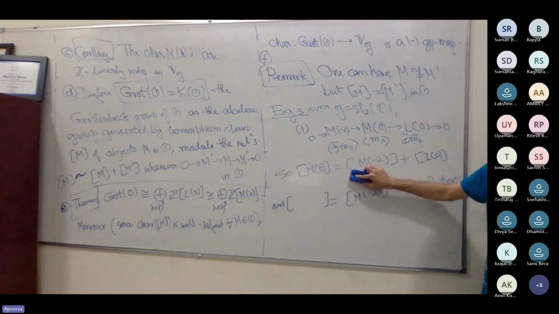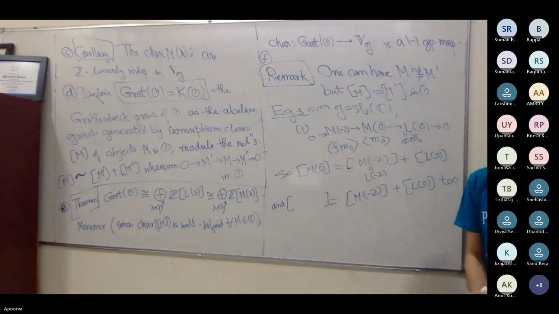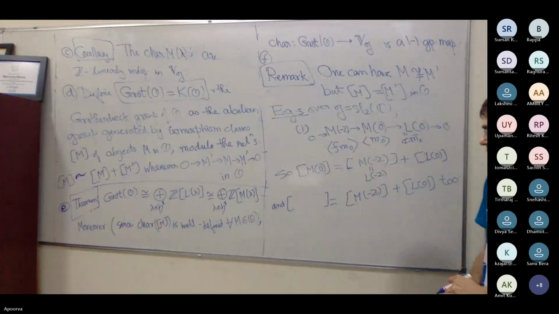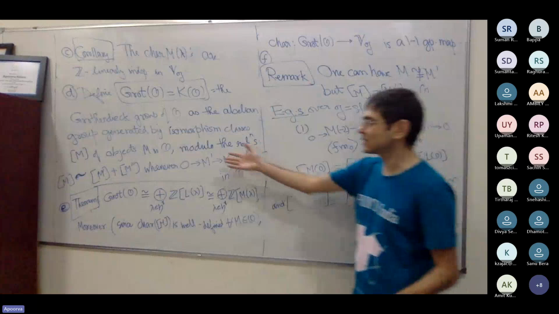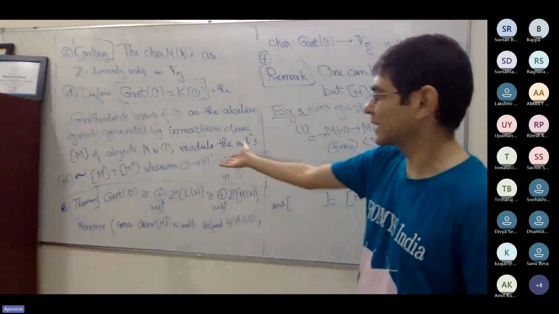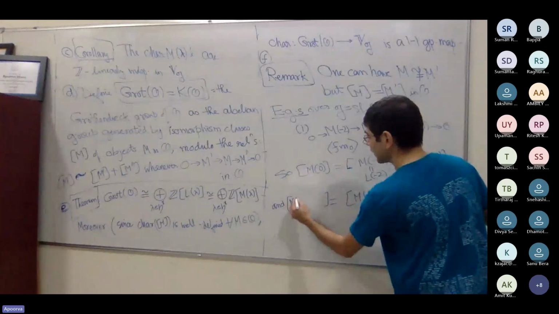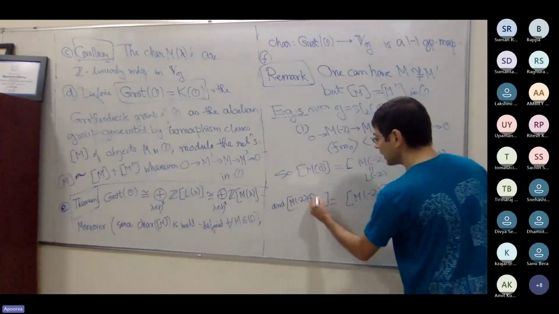What can another object be? So one clear answer, just like when we talk about characters, is instead of just taking short exact sequences, take the simplest one of them where the terms split. This is if you take M-2 direct sum L0.